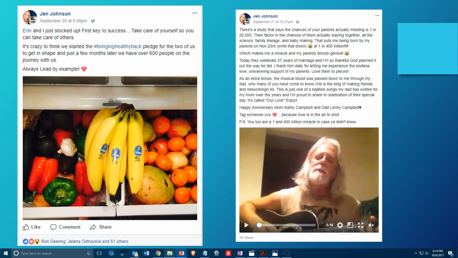So if you look on the far left here, she's talking about how she and her friend Erin are taking control of their health. "It's crazy to think we started the Bringing Healthy Back pledge for the 2 of us to get in shape, and a few months later we have over 600 people on the journey with us. Always lead by example." And if you notice down below, they had 51 likes on this particular post.